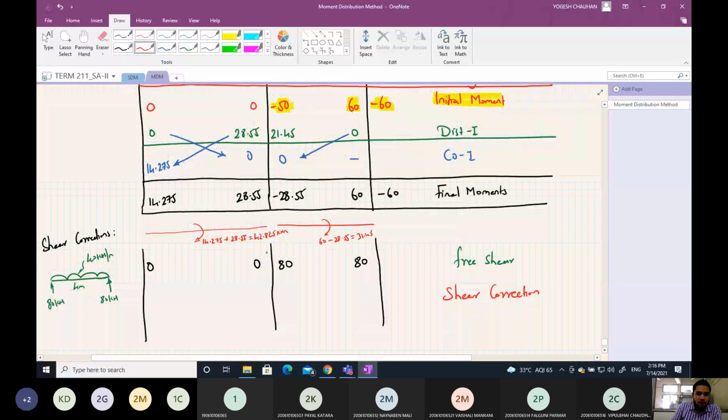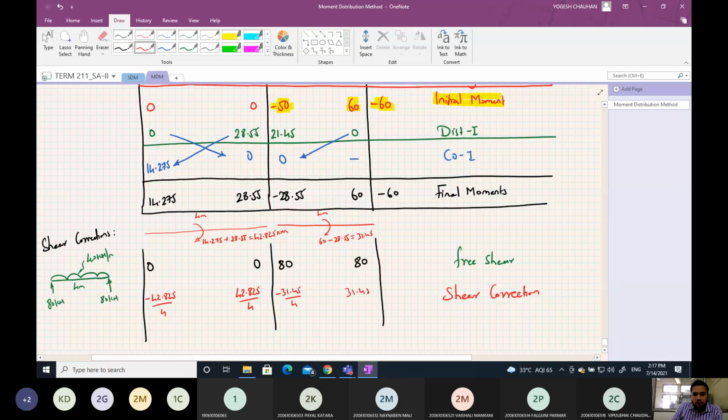So now this is also clockwise, this is also clockwise, and the reactions will be in anti-clockwise direction. So anti-clockwise means this will be upward, this will be downward, and for this span also this will be upward, this will be downward. So for this shear correction, this is 4 meter in length, this is 4 meter, this is 4 meter. So the shear correction here will be 42.825 divided by 4. Here it will be minus 42.825 divided by 4. On this side it will be minus 31.45 divided by 4 and 31.45 divided by 4.